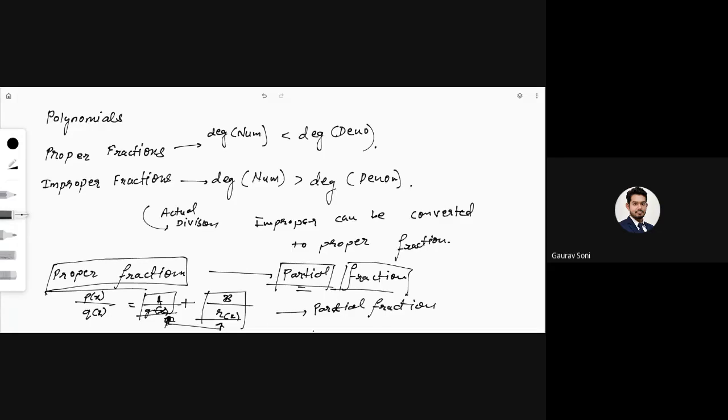And that process is called the partial fraction. I will make a small chart by which we have to do this. I will write down proper fraction here, and on the other side, partial fraction.